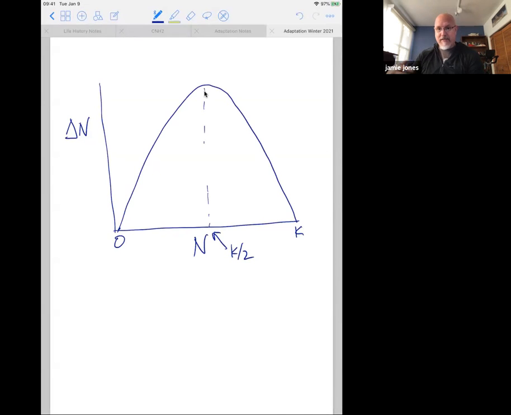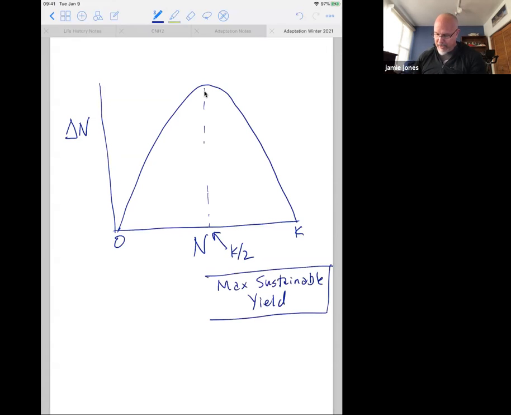There are other types of recruitment curves for different types of models that will be asymmetric and they'll give you different maximum recruitment. This is sometimes called the maximum sustainable yield in wildlife management, that sort of thing.